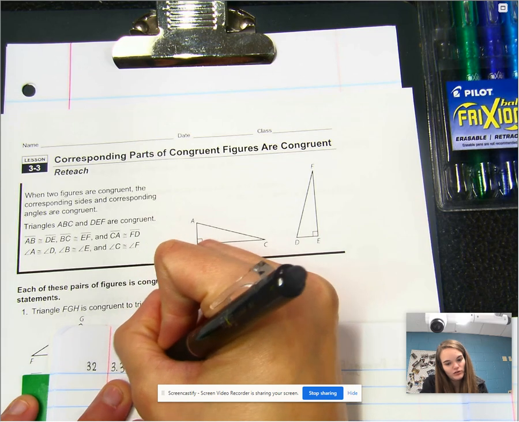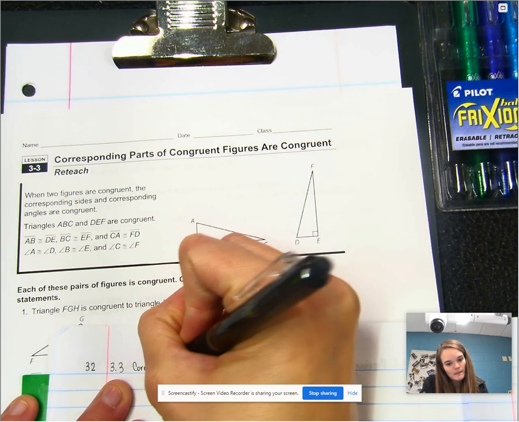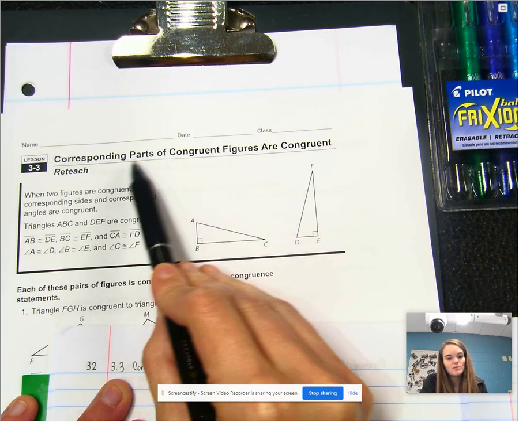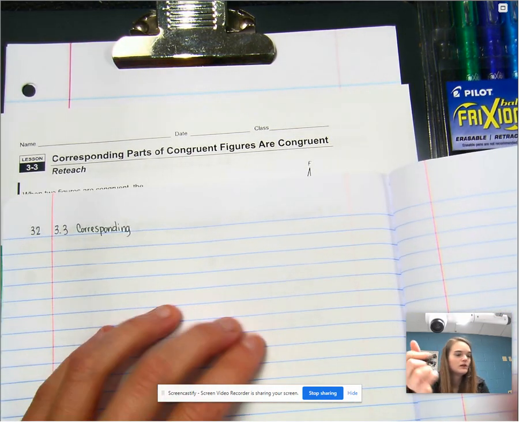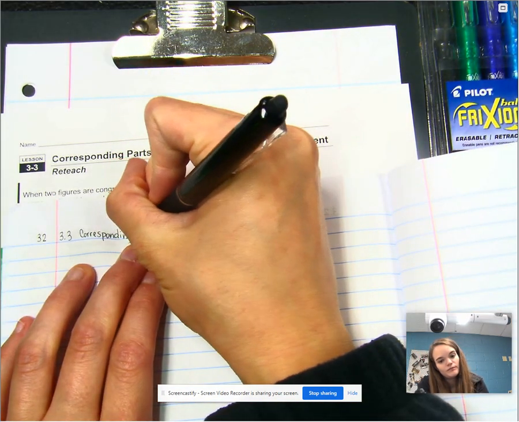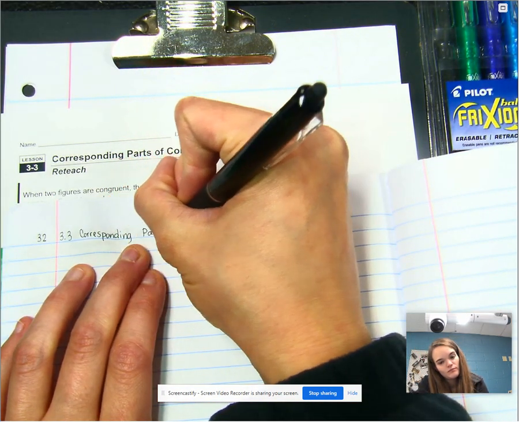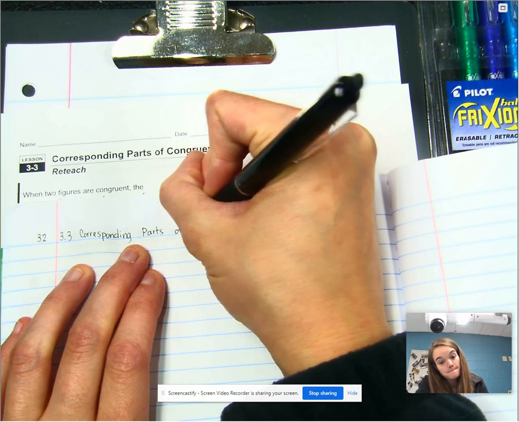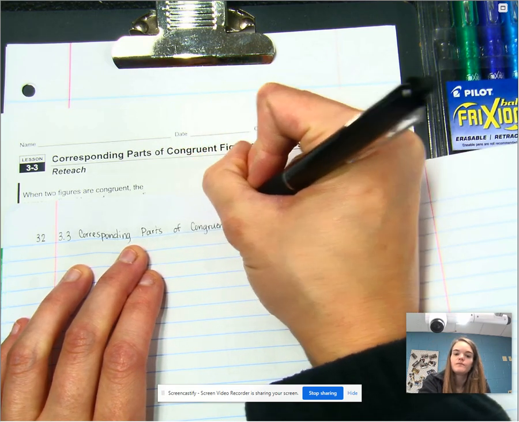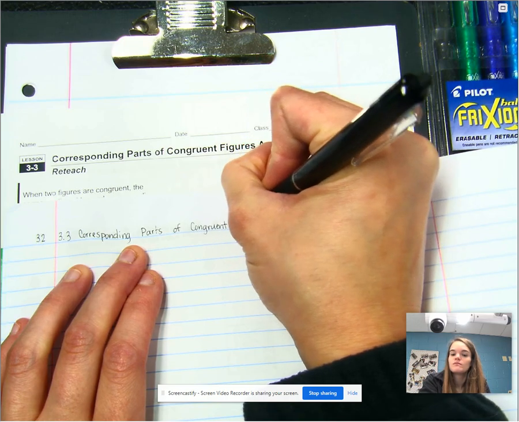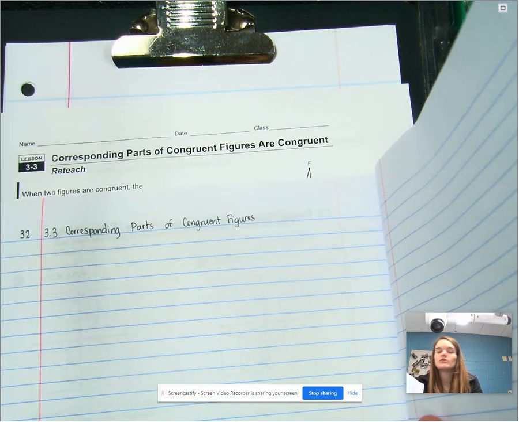This is a long title. It's right here: corresponding parts of congruent figures are congruent. Move my mouse so I can actually write.